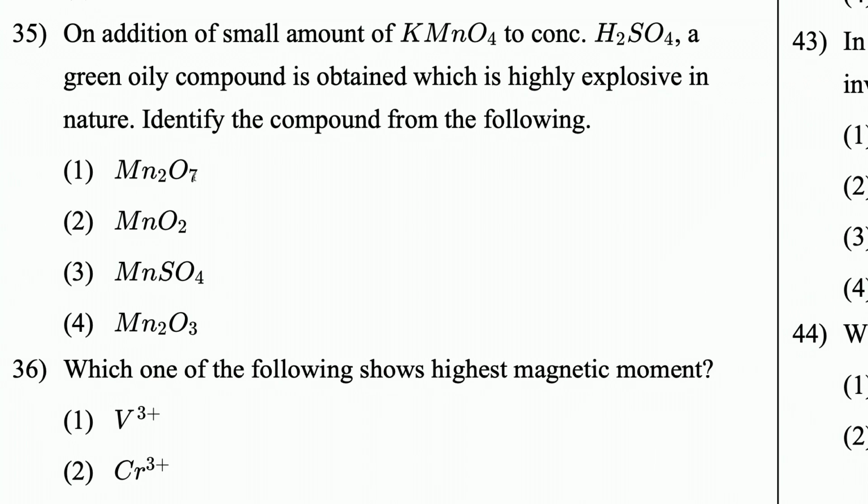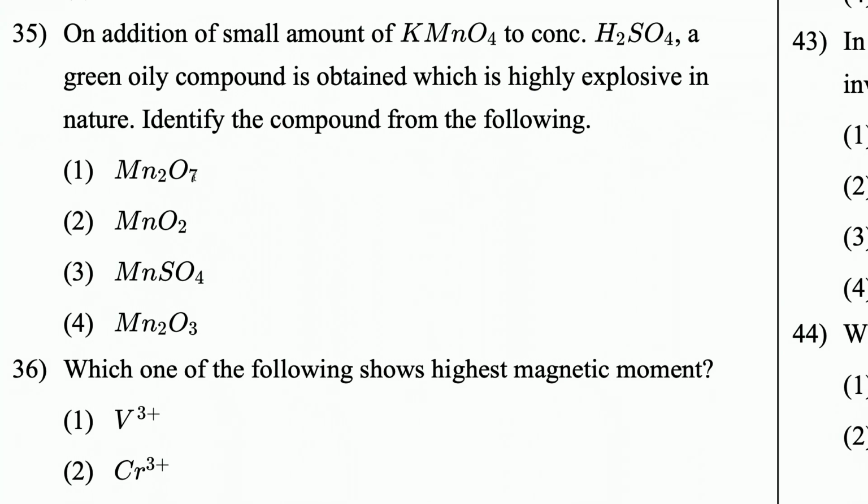The reaction between KMnO4 and H2SO4 gives Mn2O7, KHSO4 and H2O.